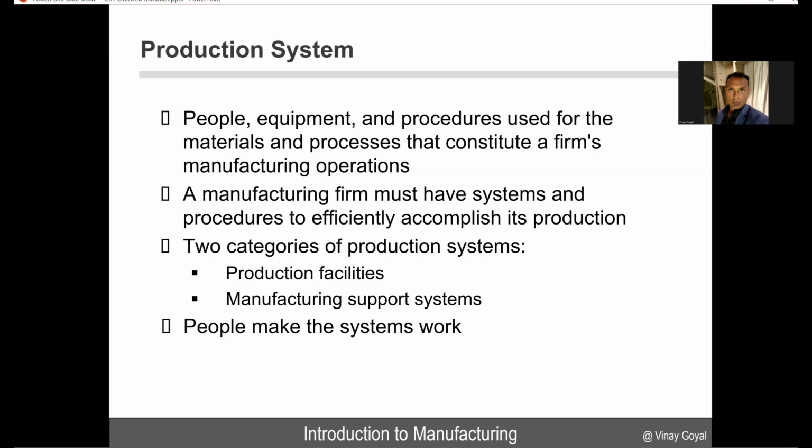Those people, equipment, and procedures used for the materials and processes constitute the basis of manufacturing operations. A manufacturing firm must have systems and procedures to efficiently accomplish its production. There are two categories of production systems: production facilities and manufacturing support systems, and we need to understand that people make the system work. At the end of the day, it's people that make the system work.